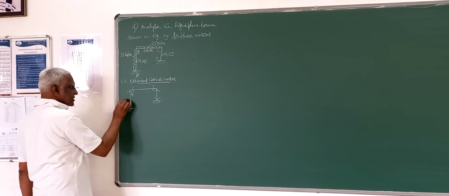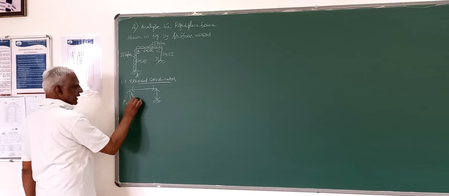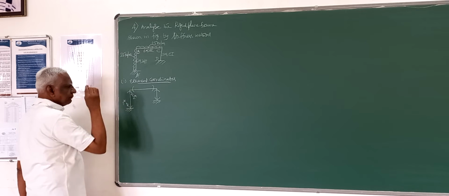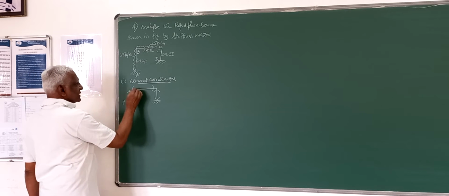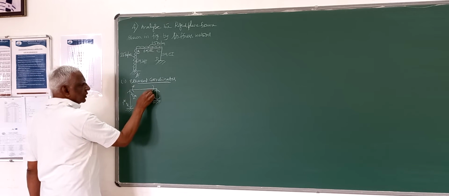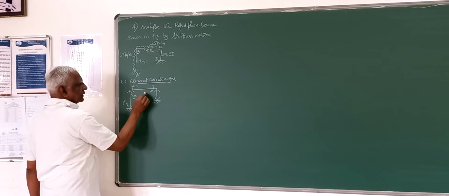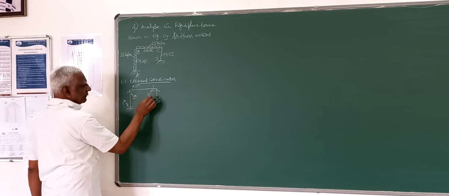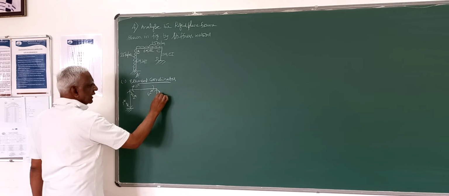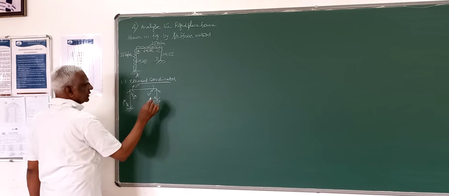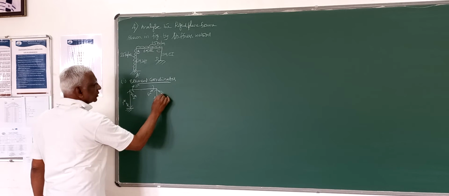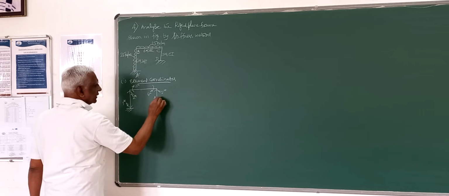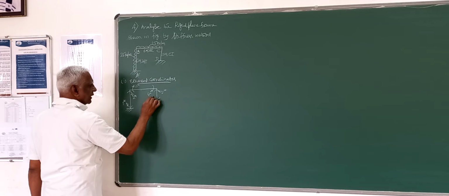So this is first coordinate, second coordinate in member AB. Likewise in member BC also 2 moments, 3 and 4 coordinates, and in member CD again 2 end moments are chosen as the 2 coordinates.